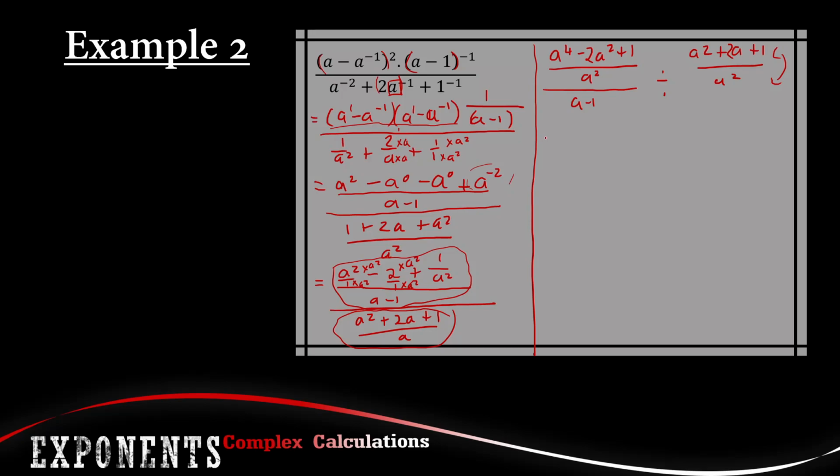Okay, so this is going to be, this is trinomial factorization, a squared minus 1 and a squared minus 1. Okay, that is still over a squared, and that is all over a minus 1. Multiply by a squared over, and if I factorize this, I get a plus 1, a plus 1.